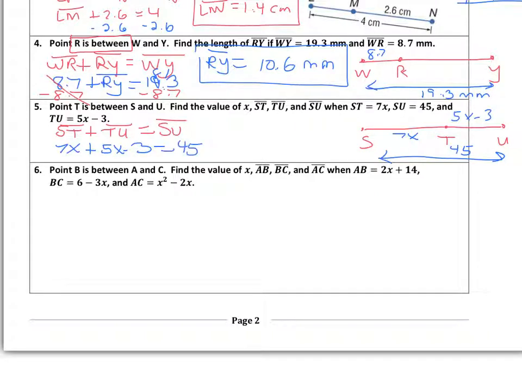Combine like terms on each side of the equal sign. 5x plus 7x is 12x. Minus 3 equals 45. Okay, we're going to go to the unknown. The unknown is being multiplied by 12. We're subtracting 3 also from it.